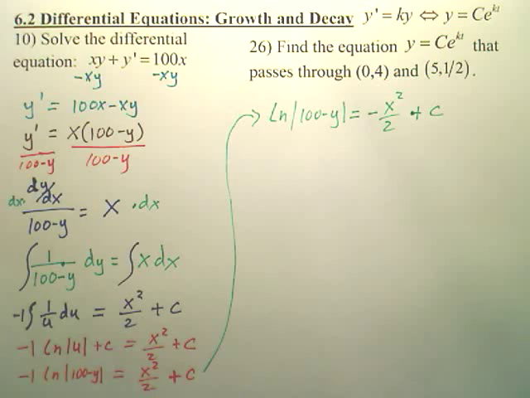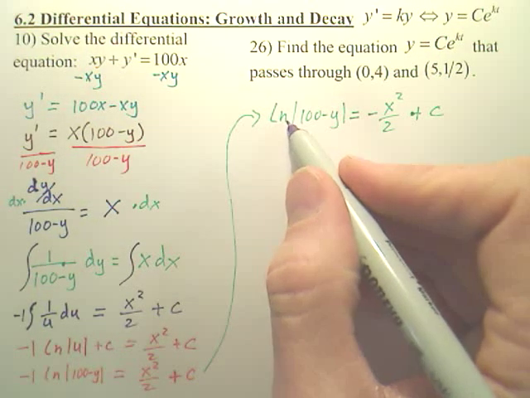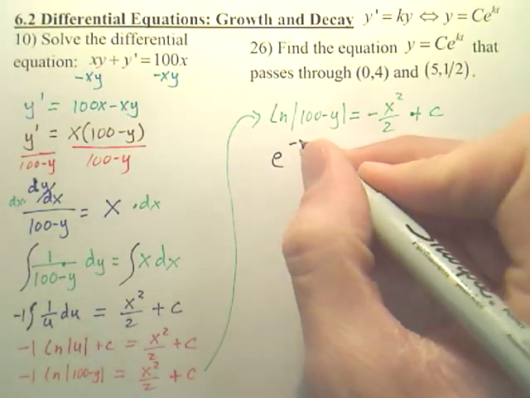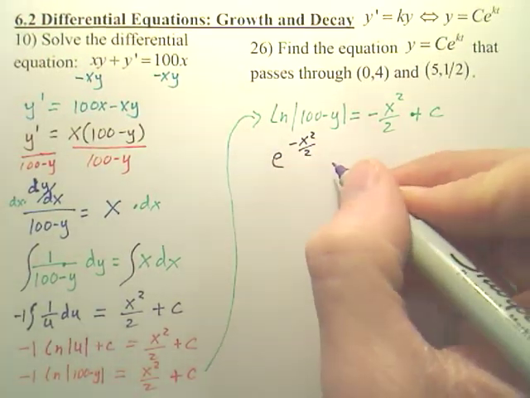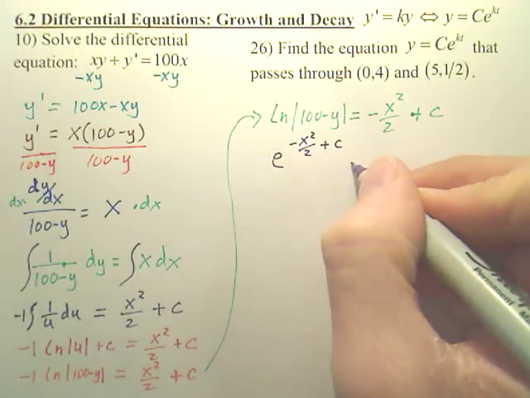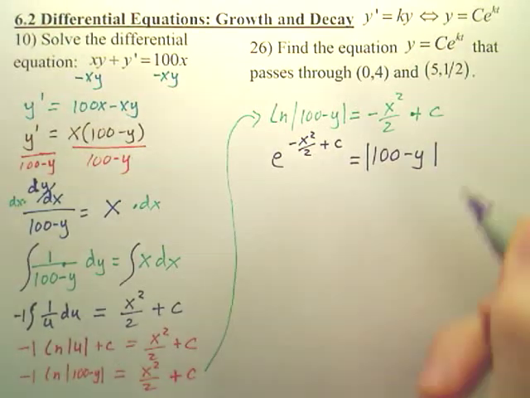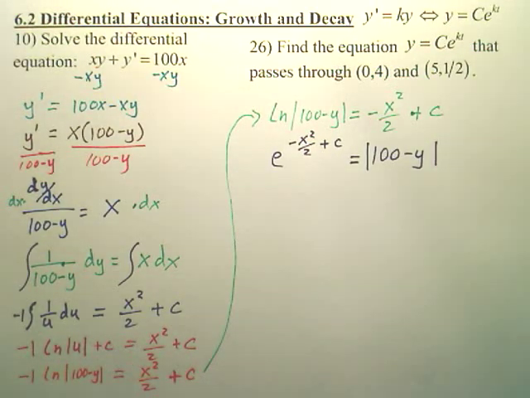Okay, now, do you understand ln is log base e? So isn't this going to be e to the negative x squared over 2 plus c equals 100 minus y, absolute value? We okay so far?